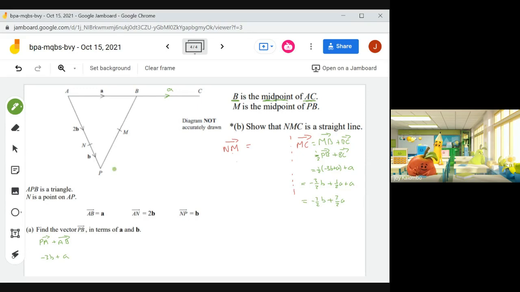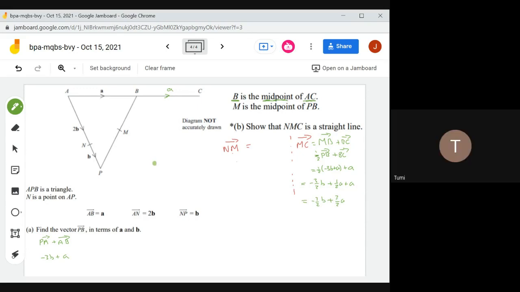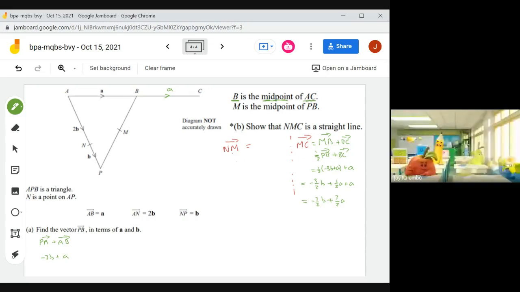And now for the vector N to M. Wait, this vector we just worked out, is that M to C? Yes. If you're doing 1 minus 3 over 2, wait, can I just turn it to decimal? You could, if you prefer working in decimals.